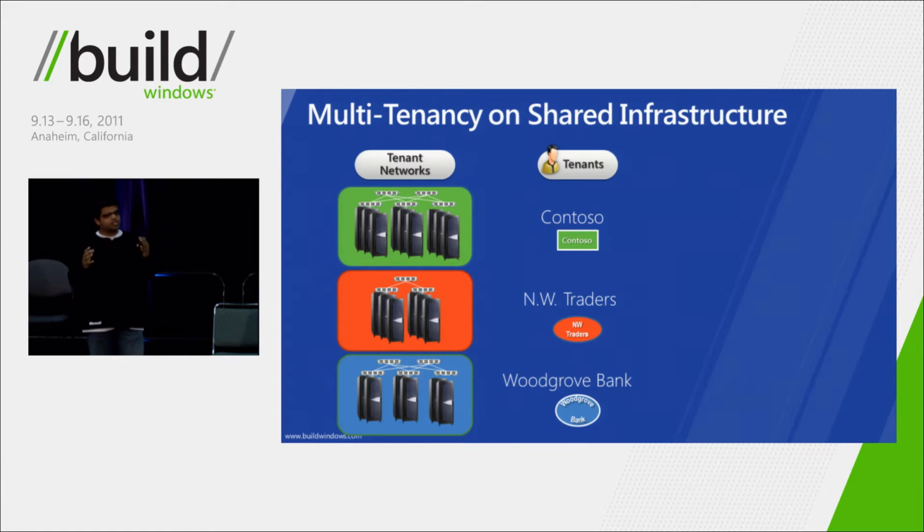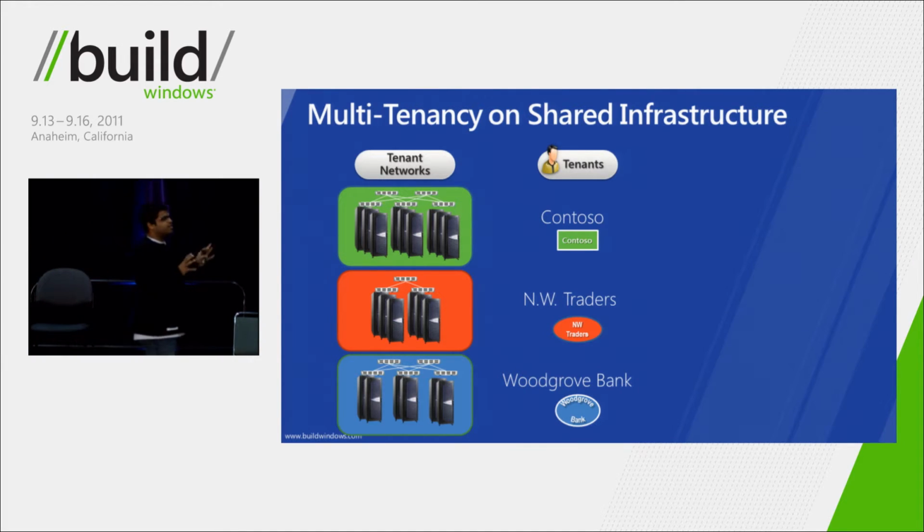The word tenant actually equally applies to private enterprise clouds. That's because if I'm an enterprise data center trying to build a private cloud, then all my business divisions, my different organizations, are tenants because they all have SLAs that I need to meet. They don't want one division's services causing outages in somebody else's network. So the word tenant equally applies to public and private, and the solution equally applies to public and private.